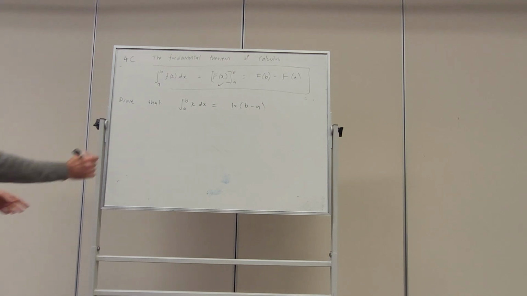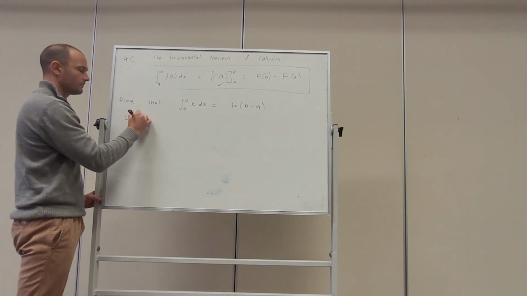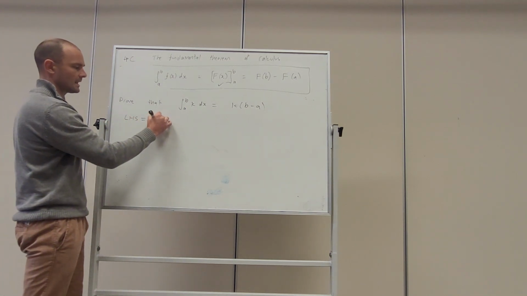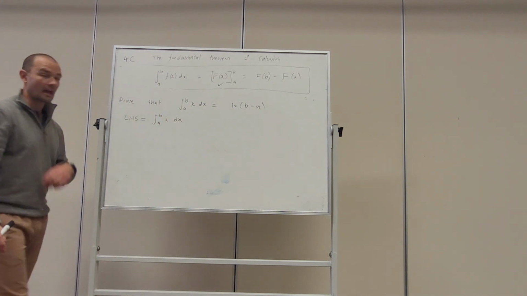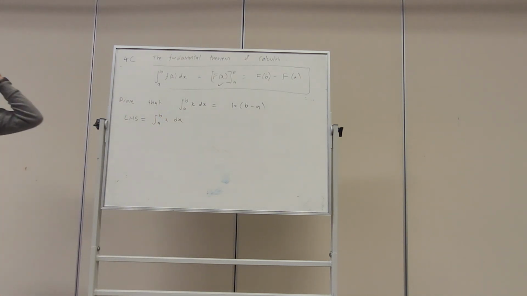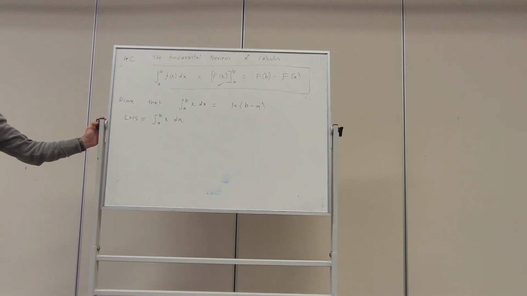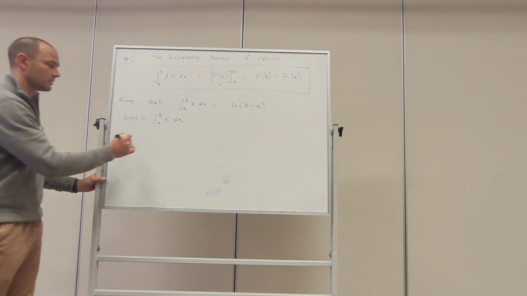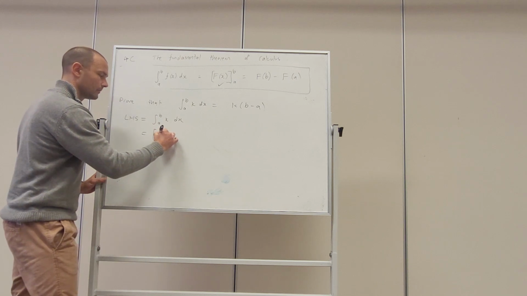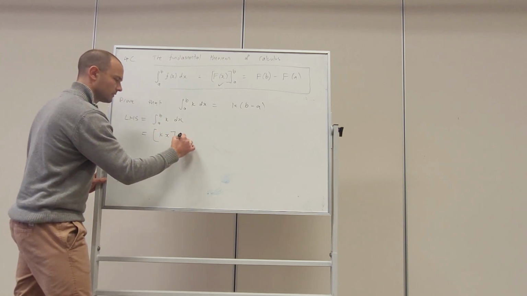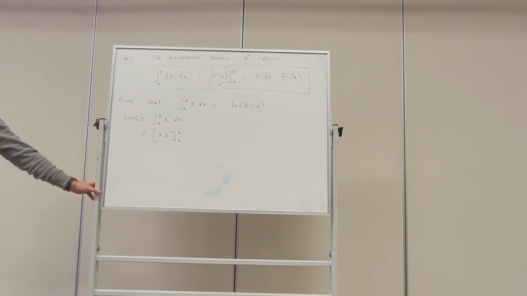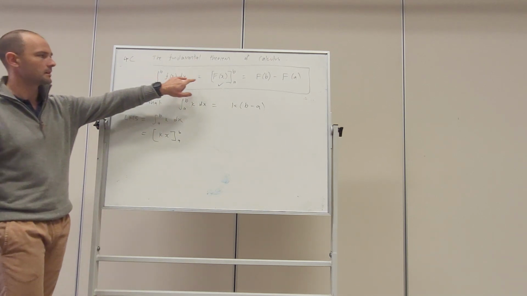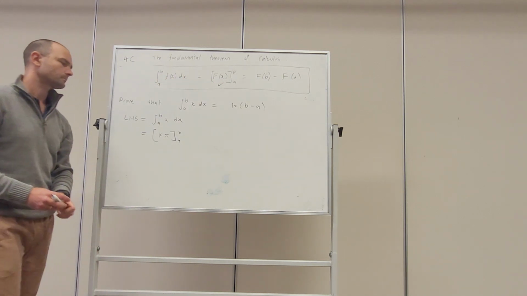So here's what we're going to do. We're going to start with the left-hand side, and all we're going to do initially is make a statement about what the left-hand side is. It's the integral of k with regards to x, where k is some number. Now, the integral of a constant is going to become kx, from a to b. So we're just applying the fundamental theorem of calculus here.